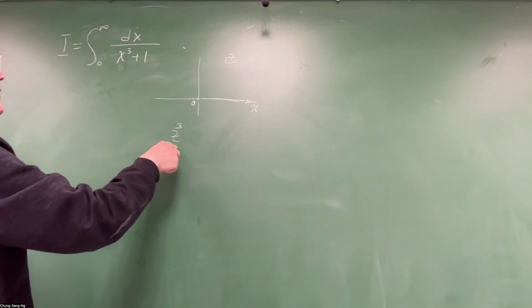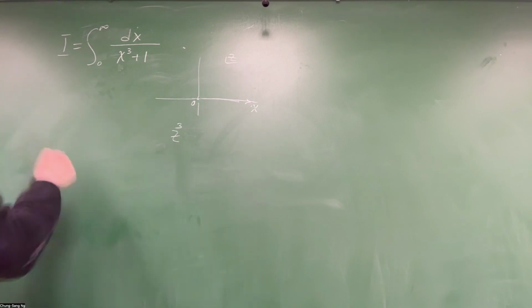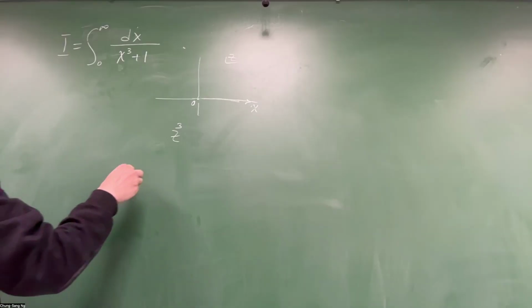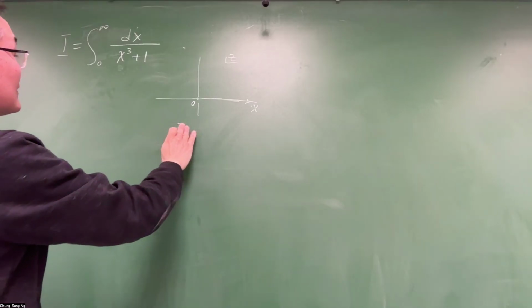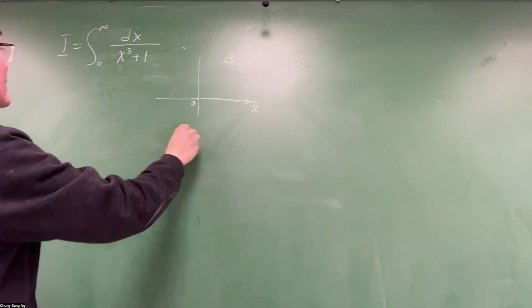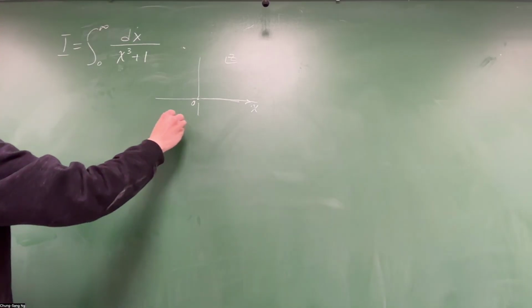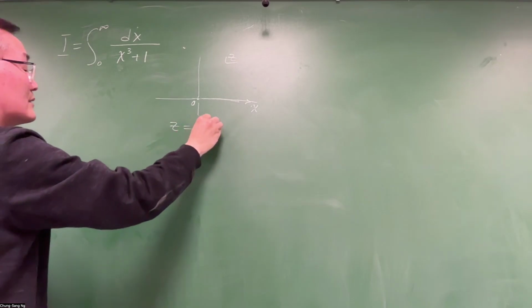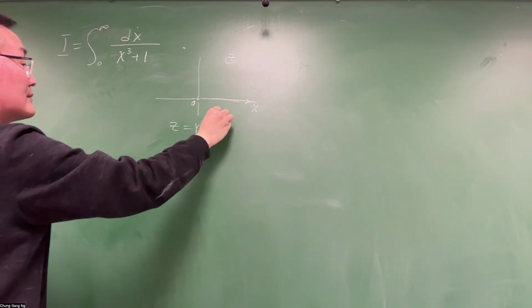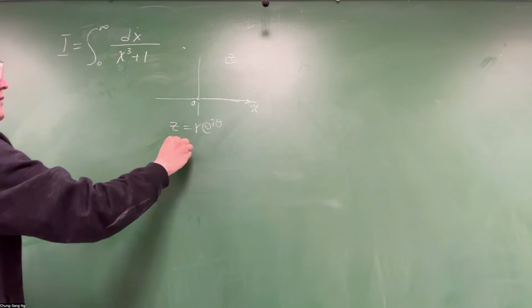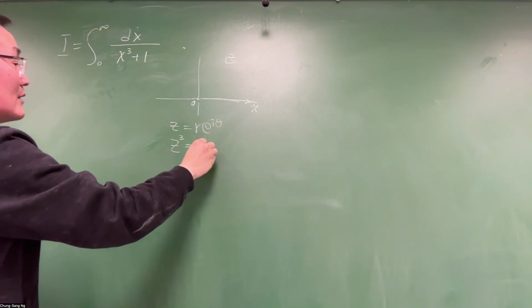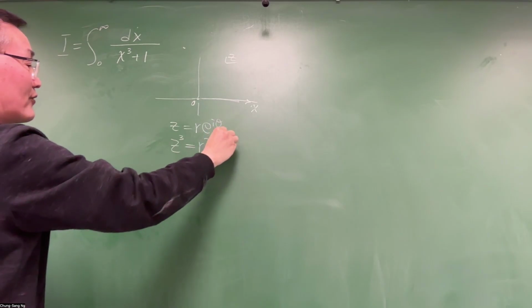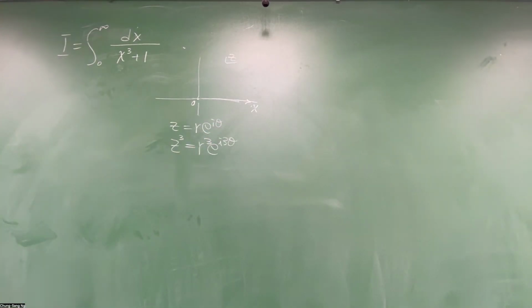Say this becomes z cubed. z is r e to the i theta, right? And z cubed is r cubed e to the i 3 theta, right?